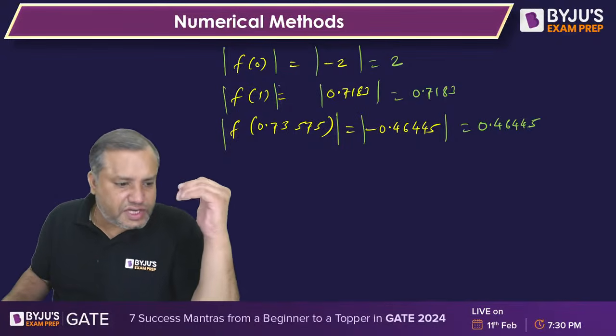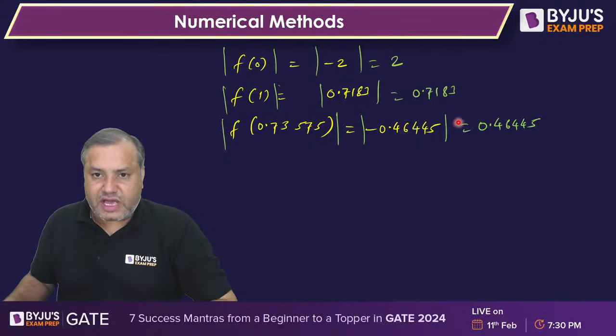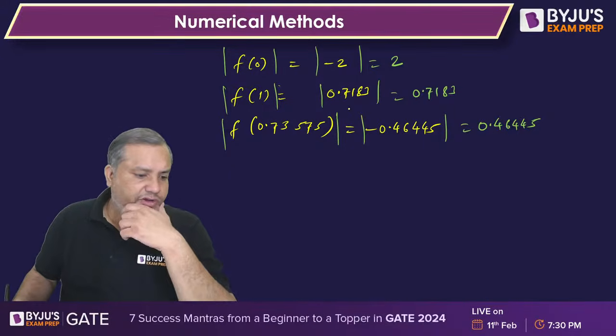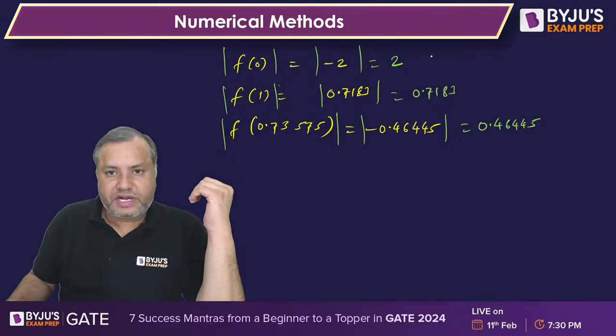Now, out of these three magnitudes, which magnitude is having the largest value? First one. Reject it.